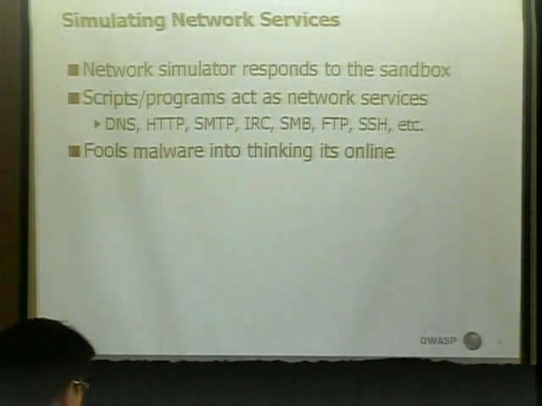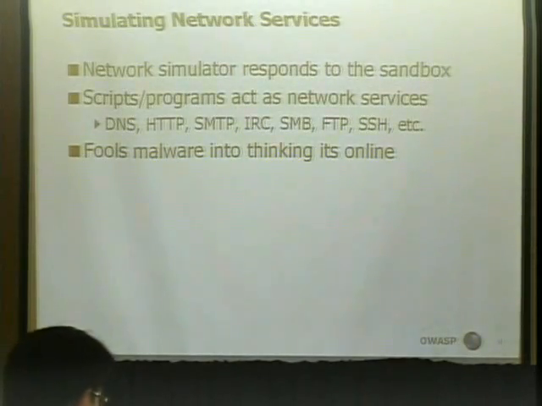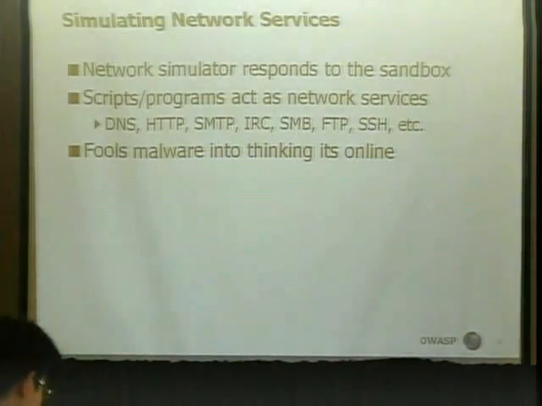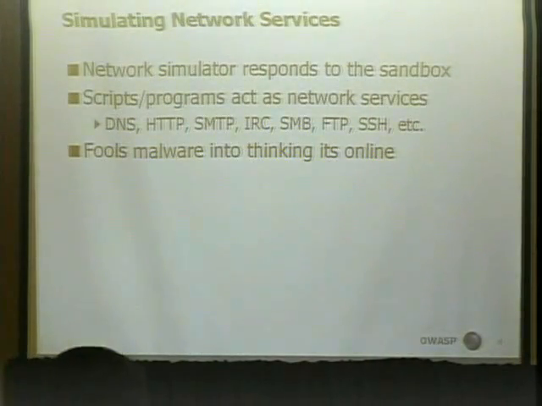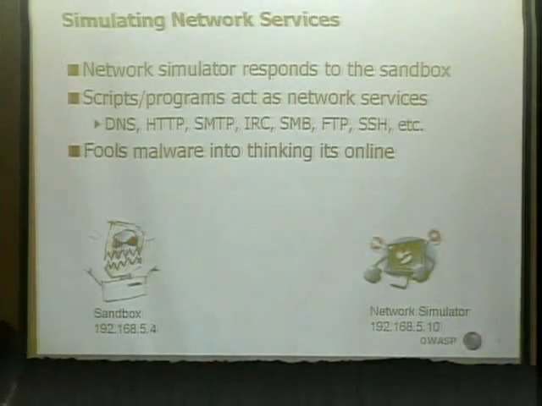Whenever the malware on the sandbox sends out a network request for whatever protocol it wants, DNS, IRC, SMB, FTP, whatever you have, it's going to respond and act like that service, so you can record what it does and how it interacts with services. It essentially is fooling malware into thinking it's online, and if implemented properly, it does a very good job of doing this.